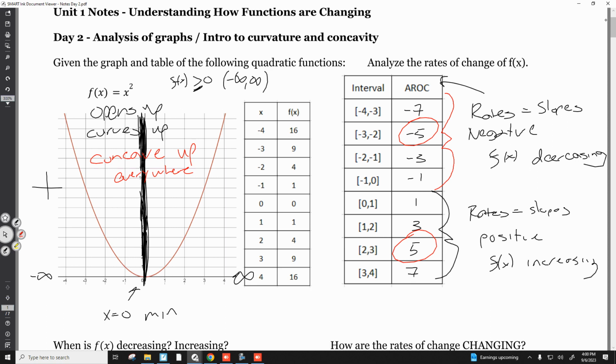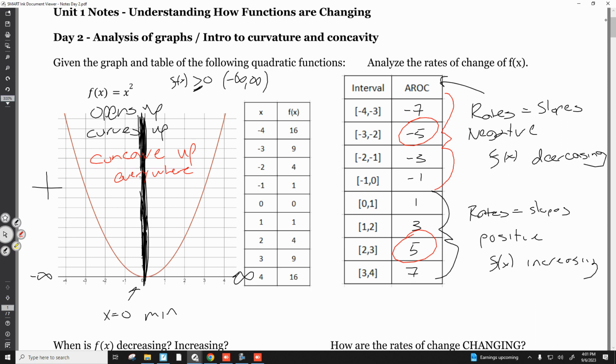Can you, using your pencil, create a slope of -7? What would a slope of -7 look like? Put up your pencil so you create a slope of -7. Yeah, something like that. Now move over a little bit to the right and create a slope of -5 to -3 to -1. Give me a slope of 0 to 1 to 3 to 5 to 7.